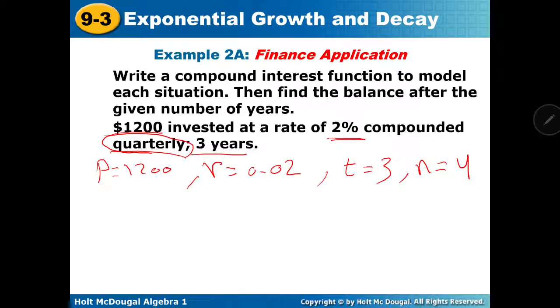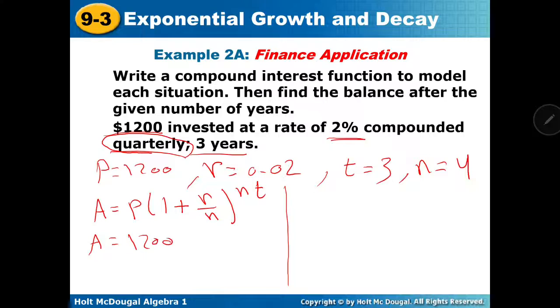Now try to substitute in the function. A is P multiplied by (1 plus r over n) to the power nt. That means A equals 1200 multiplied by (1 plus 0.02 over 4) to the power 4t.